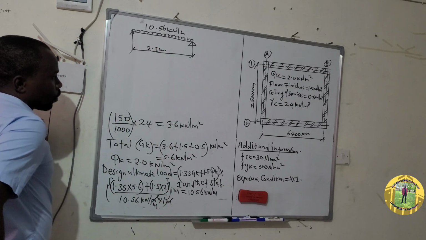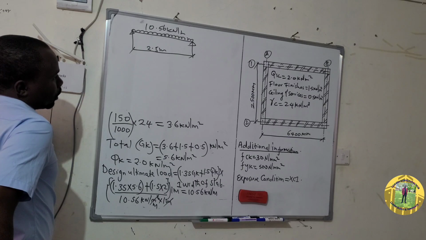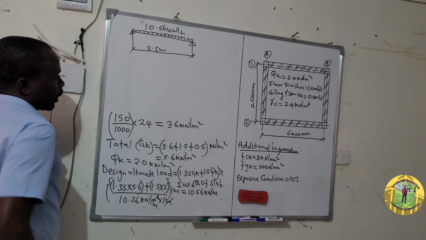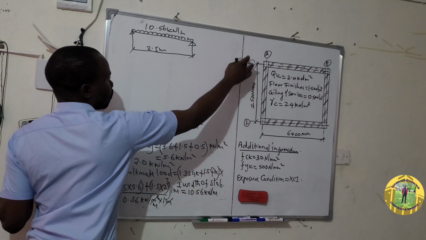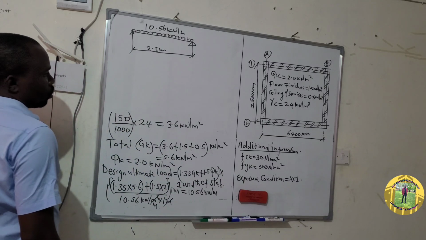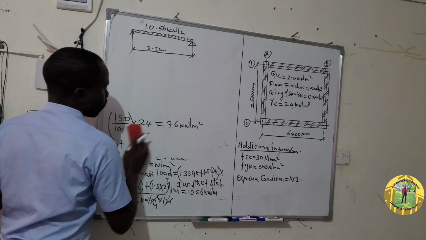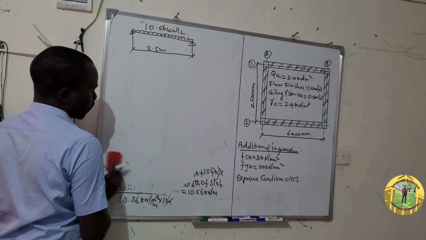Remember, for a one-way spanning slab, the main reinforcement is provided at the shorter distance, which is 2.5 meters or 2500 millimeters.